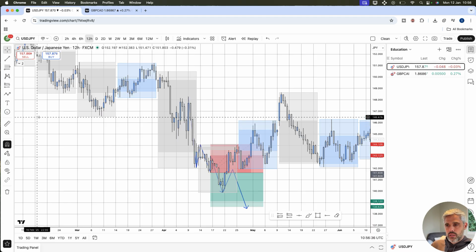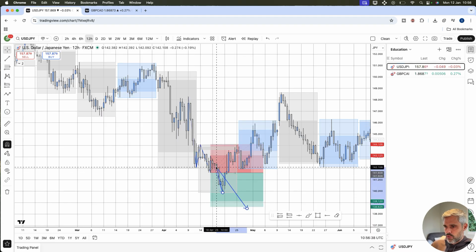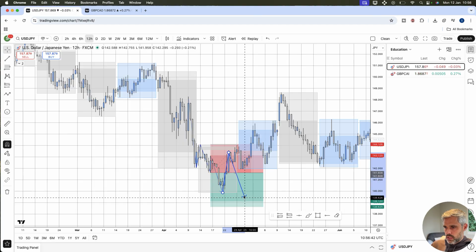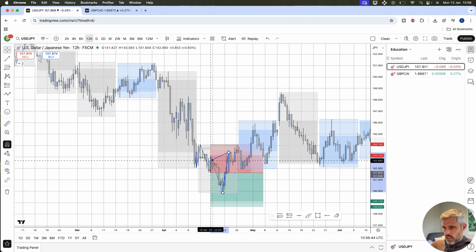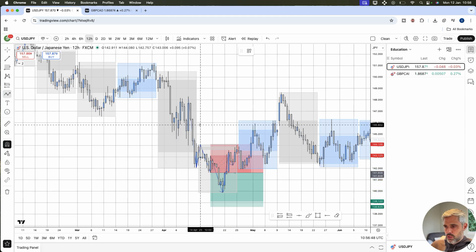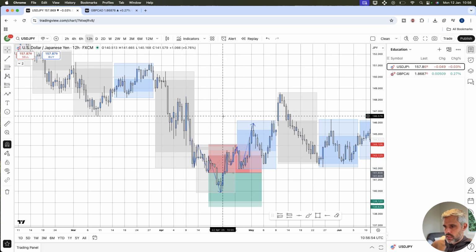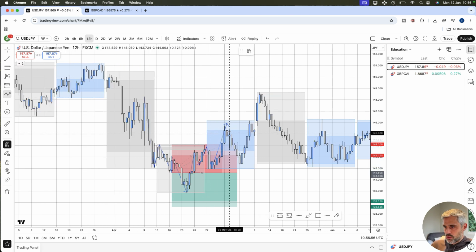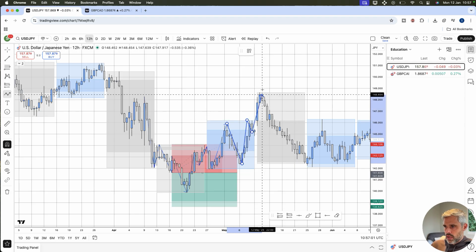But what happens, instead of that level being respected, it gets traded straight through, completely disrespected, and then you see this area here then acts as the corresponding support, not straight away, but for higher prices. And actually, it never gets disrespected. Even when there's a sell-off here, price continues higher.